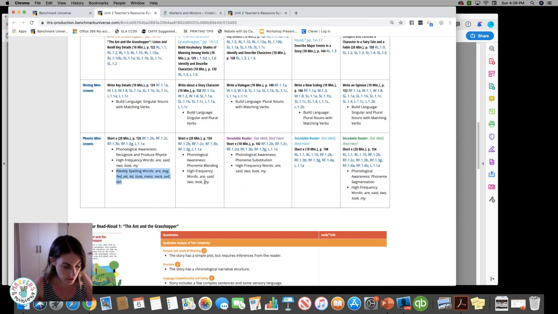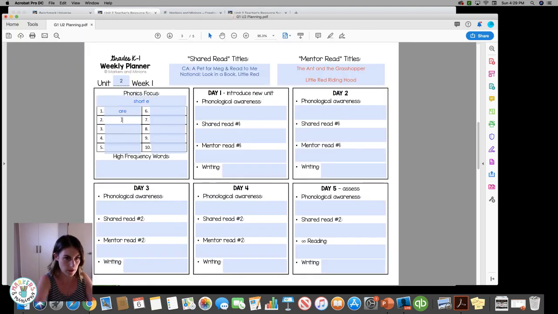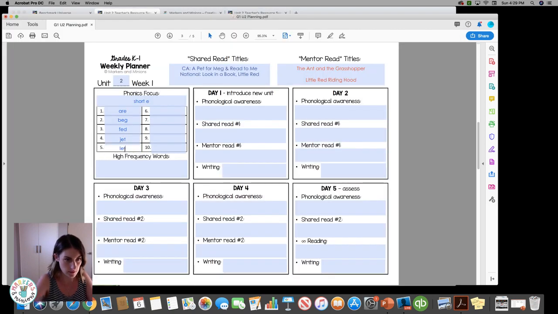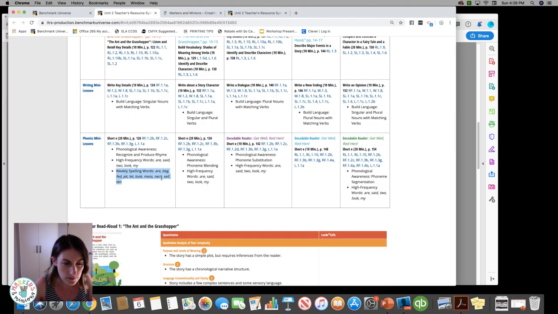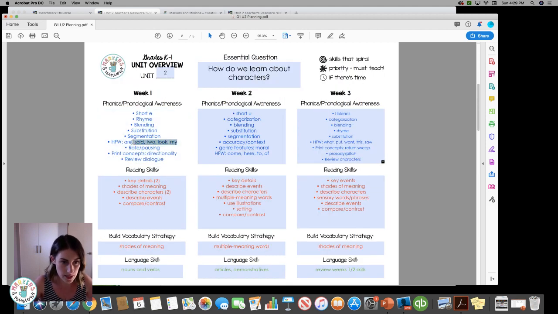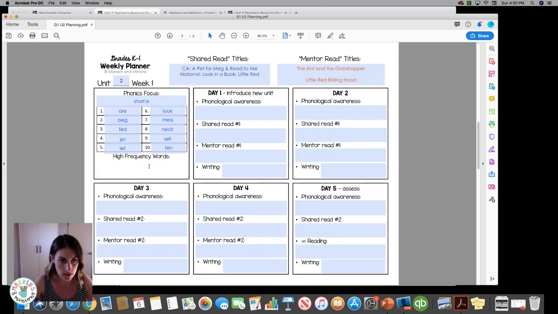So I see beg, fed, jet, let, look, mess, neck, cell, and ten. Okay, our high frequency words, I'm going to copy paste because I have those already. Are said, to, look, and my.